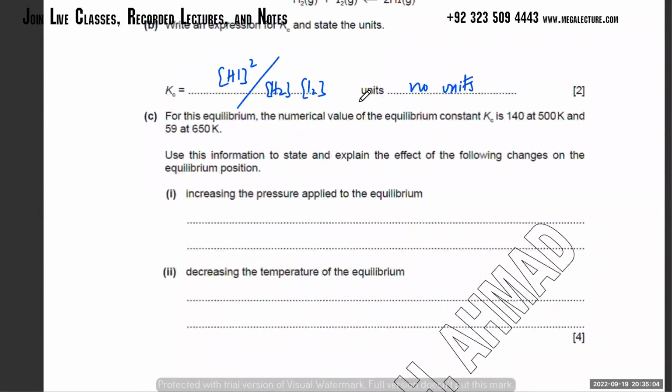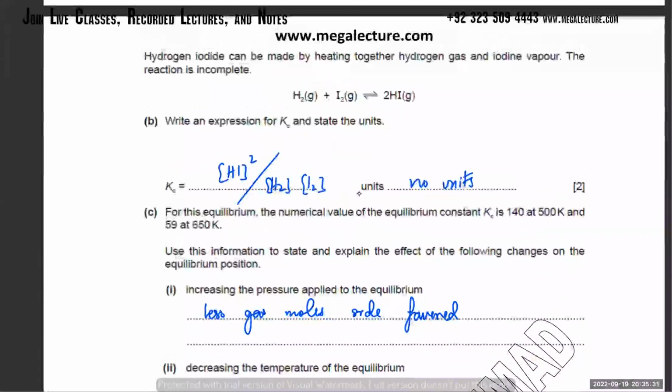Then he's saying for this equilibrium, the value for Kc is 140 at 500 kelvins and 59 at 650 kelvins. Use the information to state and explain the effect of the following on the equilibrium position. If you increase the pressure applied, what happens? The side with fewer gas moles is going to be favored. In this reaction there is no fewer gas mole side.